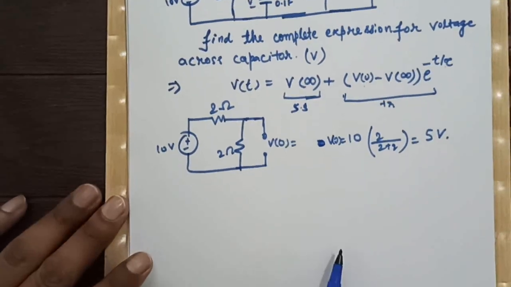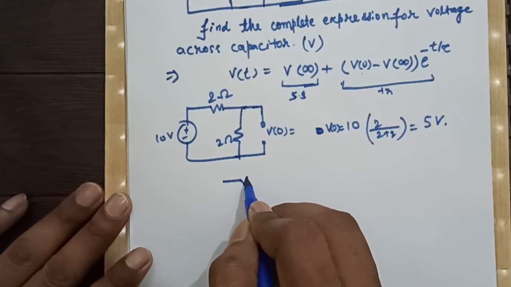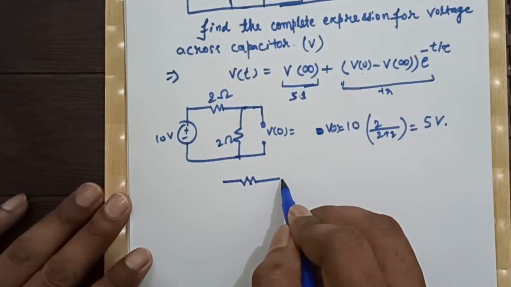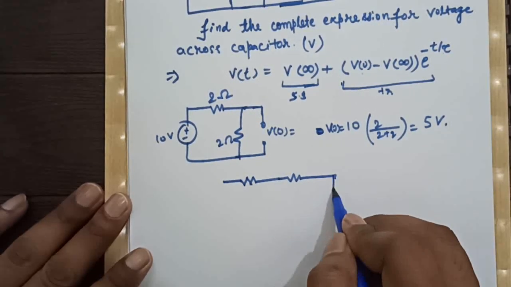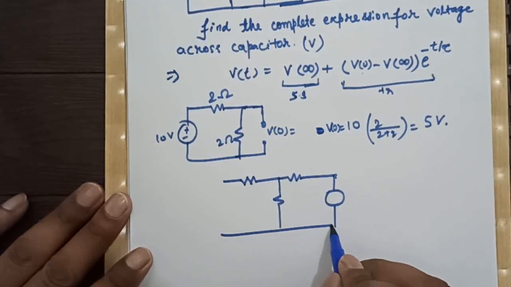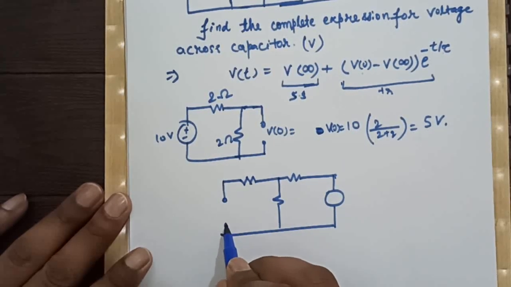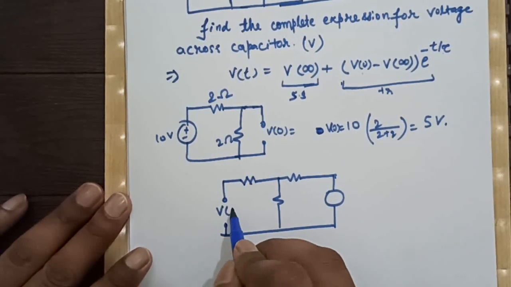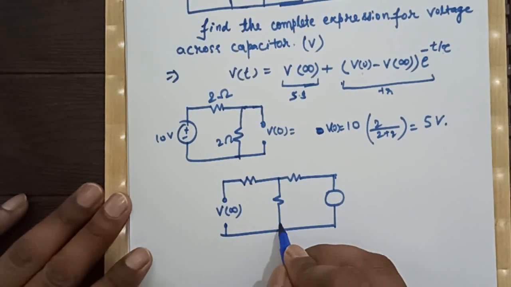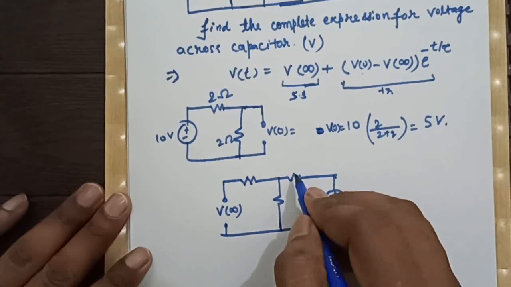Now after switch operation, after the switch is getting connected with this part of circuit, what will be the circuit? It will look like this: a resistor, also a resistor, a current source, a resistor, and let us say this is V infinity, because at time t equal to infinity, once again the capacitor will act like open circuit.